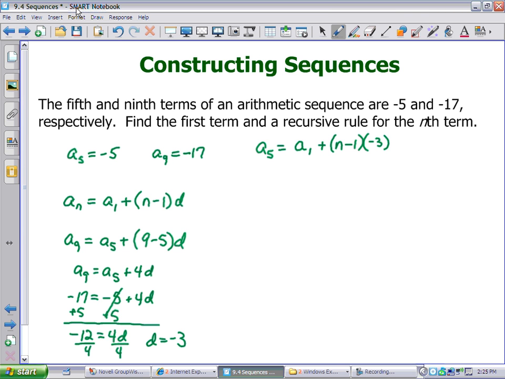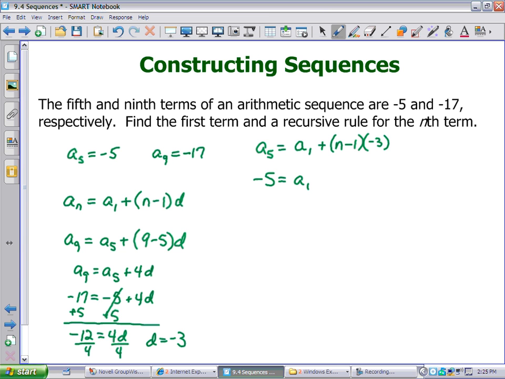Well, because it's a sub 5, n has to be 5. A sub 5 has to be -5, so I'm going to replace a sub 5 with -5 from the given information that we have.